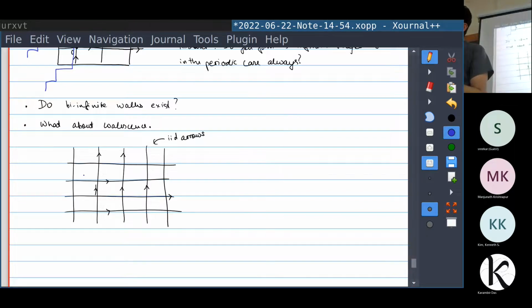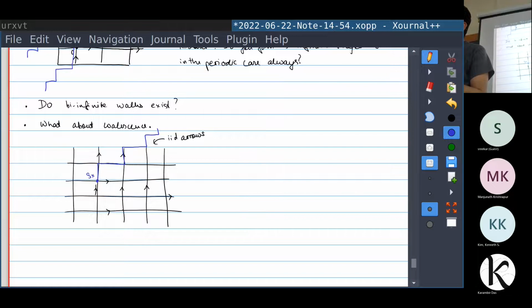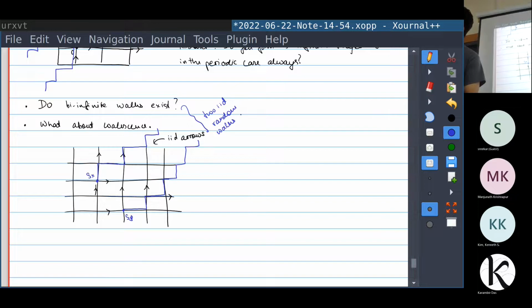So in this case, if I start walks at two different points, I call this walk S_X and I call this walk S_Y. If I tilt my head sideways, these are two IID random walks, at least until coalescence.